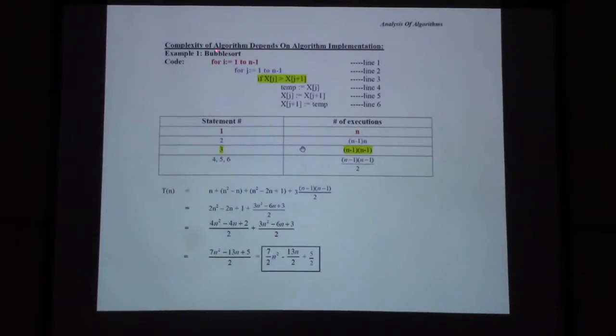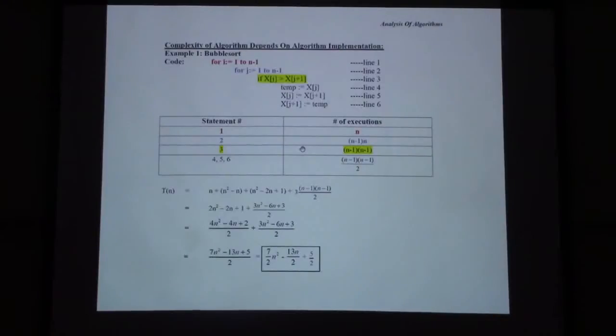So when i is equal to 1, we do this. When it's equal to 2, we go again. 3, 4, 5, 6, 7, 8, 9, all the way to n minus 1. If it's n minus 1, we do it. But then we have to allow i to go to n, and the test is going to be false. So we do n. So n minus 1 times it's true, and 1 time it's false, total of n times. Everybody understand why n? Okay, it's pretty straightforward.